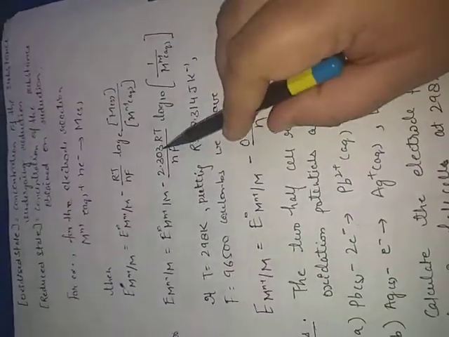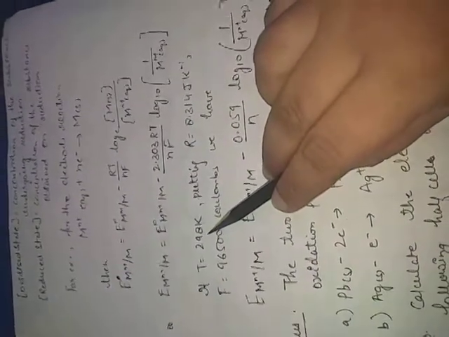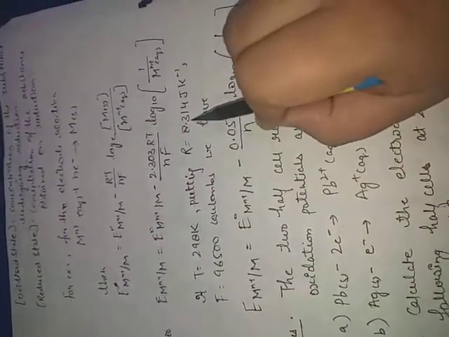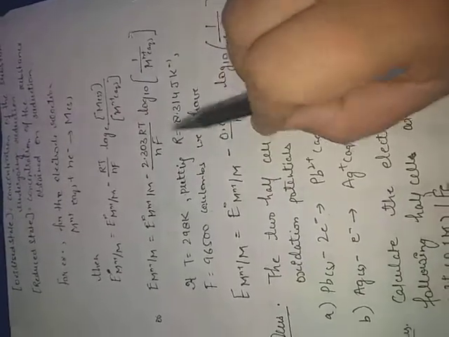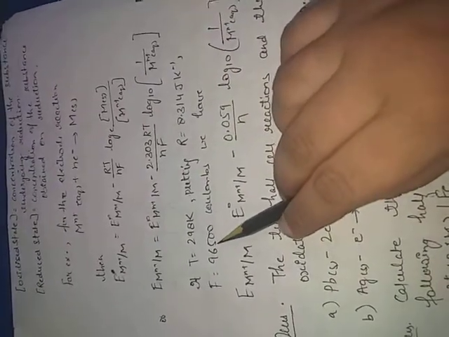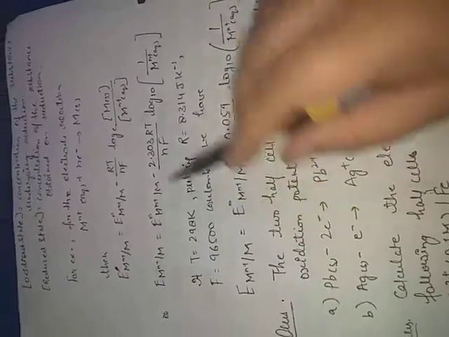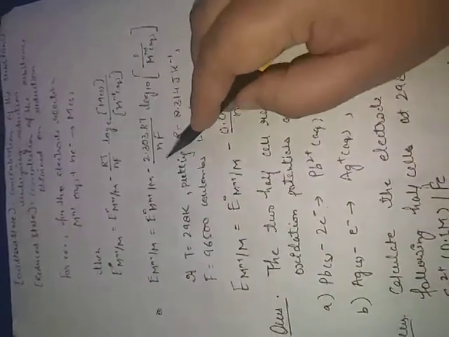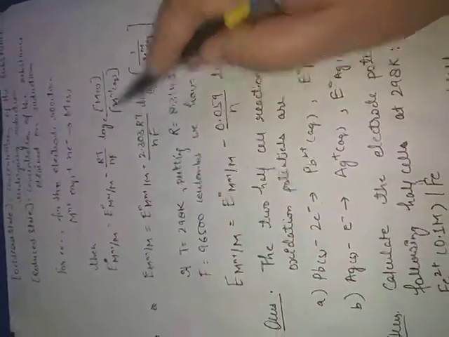If we put the values of R, T and F, like T equals 298 Kelvin, R equals 8.314, and F equals 96500 coulombs, then nothing else will change, only this factor will change.